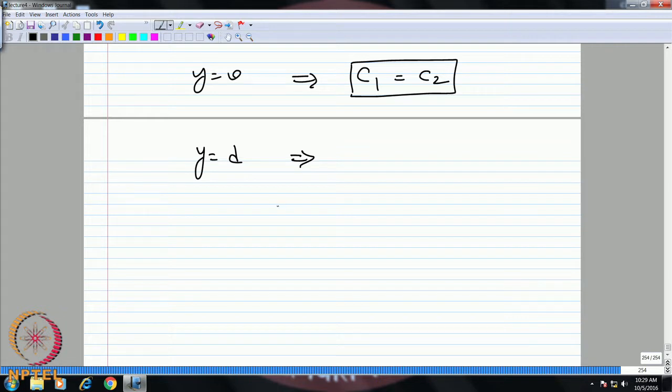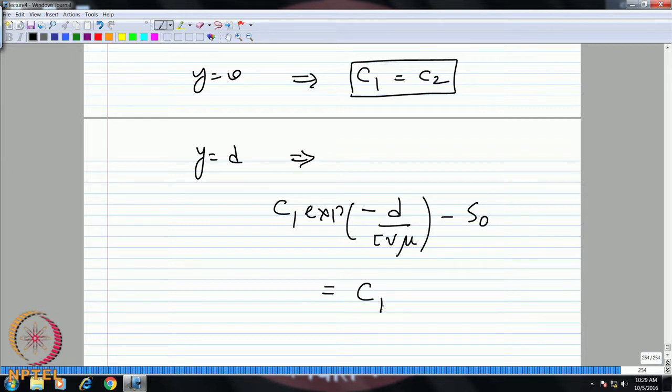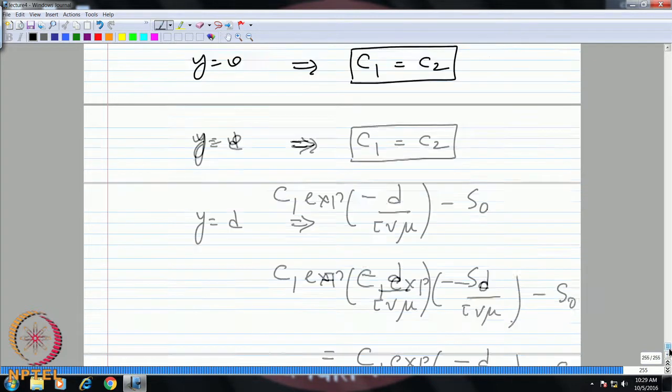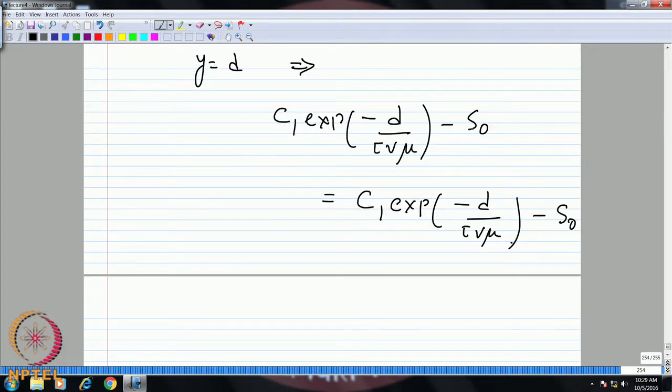That is telling you C1 exponential minus d by tau v mu minus S naught is equal to C1 exponential minus d by tau v mu minus S naught. So, S naught cancels.